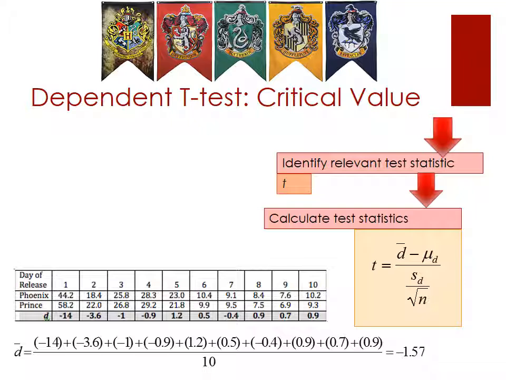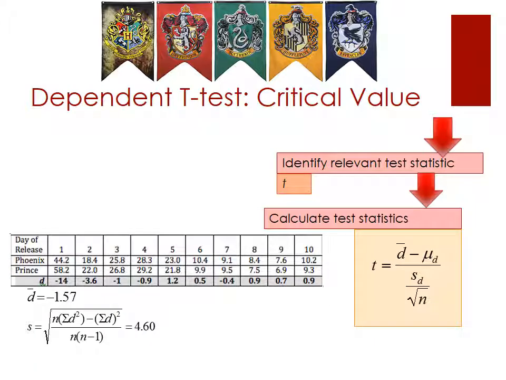So here we see our d bar, and we see that this goes all the way across, because it's negative 1.57. Those are all my different values all the way across, both positives and negatives being included in the formula. So that gives me negative 1.57.